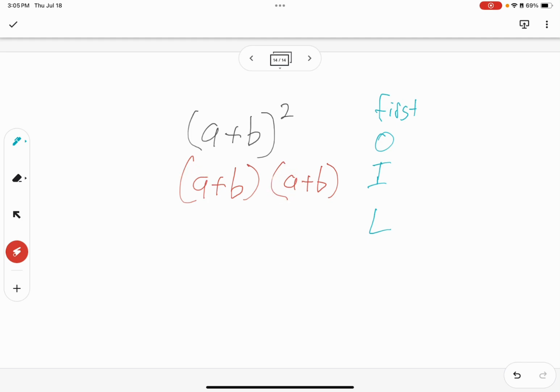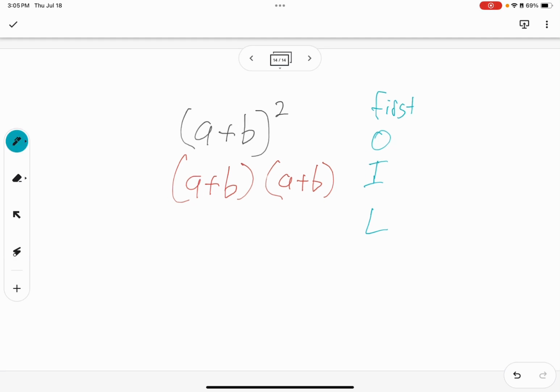So we're going to multiply these together. A times A. The O stands for outside. So that means we've got A, which is the outside here, and this is the outside here, because they're the outside of both of these.